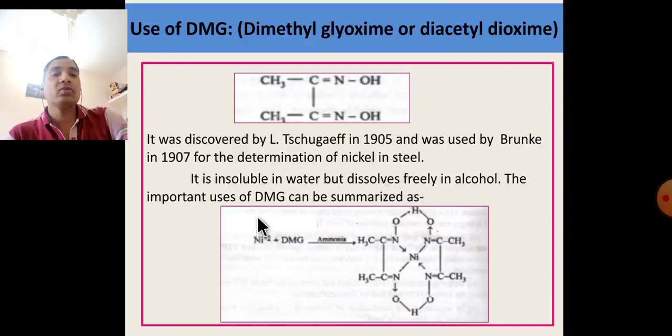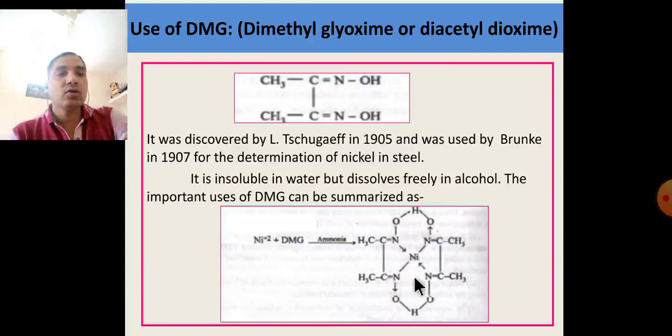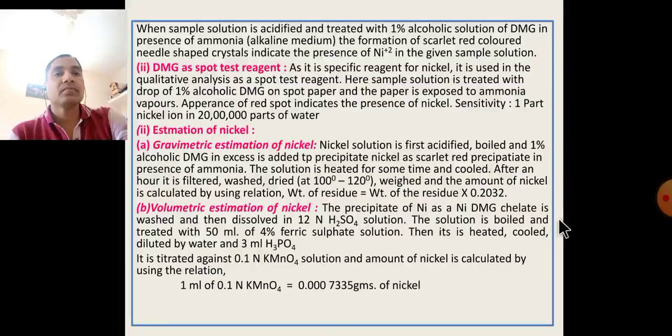The important uses of DMG can be summarized as follows. Ni2+ with DMG and ammonia forms a complex with 4 nitrogen atoms, 2 molecules of DMG forming a nickel chelate. Use in detection: the sample solution is acidified and treated with 1% alcoholic solution of DMG in an ammoniacal alkaline medium.